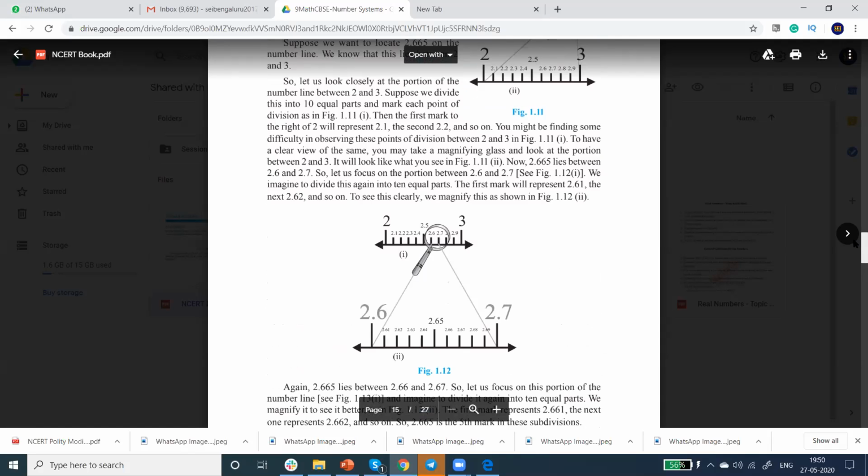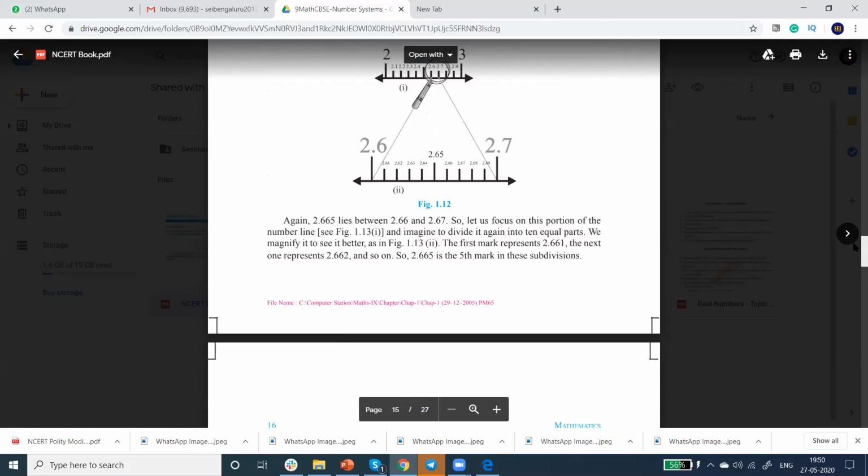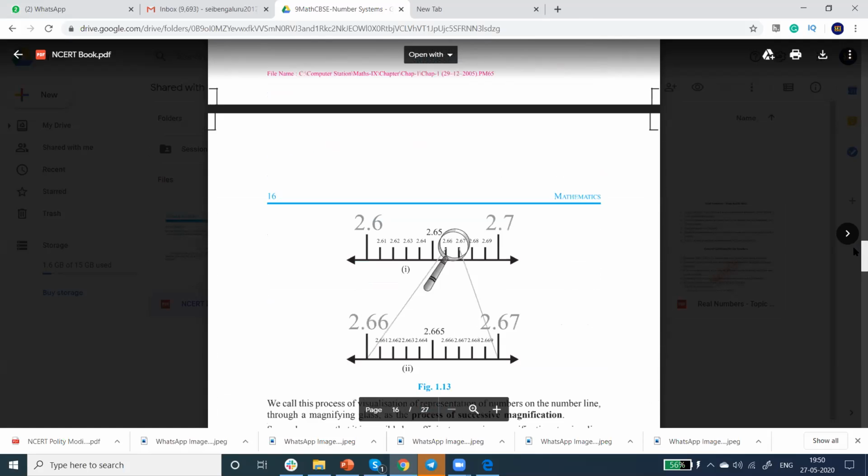Each and every digit we are able to differentiate. Again, between 2.66 and 2.67, some more numbers will be there: 2.661, 2.662, very small digits. 0.000 also we are able to differentiate.